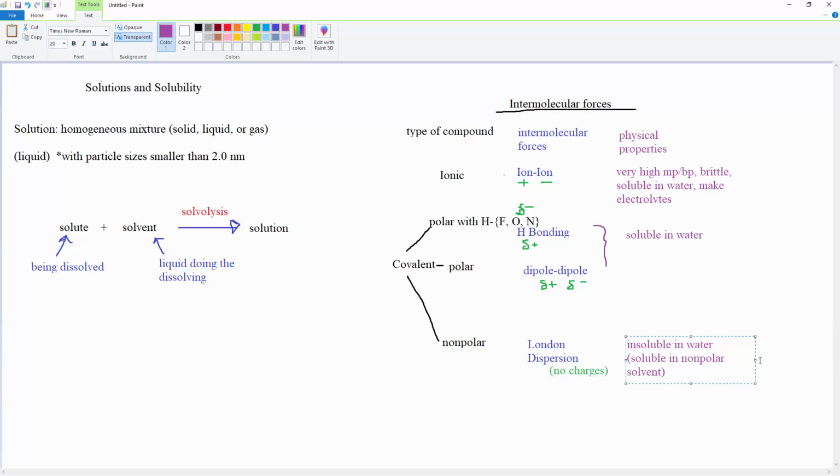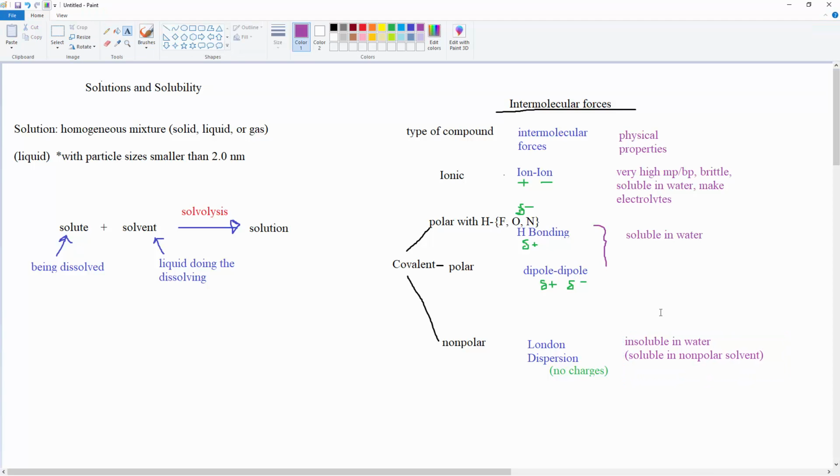Like oil, exactly like oil, Erica. That's a perfect example, right? So vinegar is a water-based solution, and oil is obviously oil, and they are not soluble with each other because oil is non-polar and water is highly polar. And so you might hear the words hydrophilic and hydrophobic.